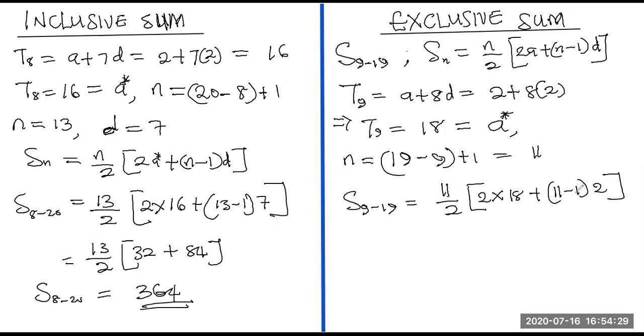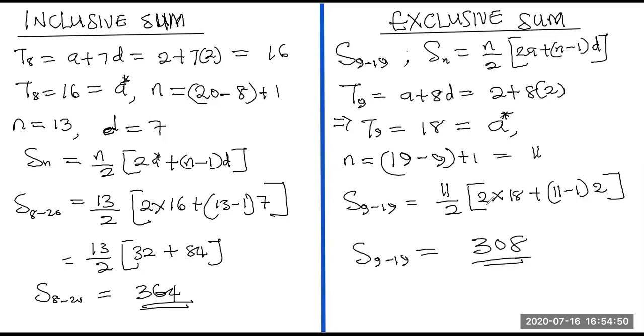So 11 minus 1 is 10 times 2, you have 20, and 2 times 18 is 36, plus 20, then you multiply by 11 over 2. When you simplify, sum 9 to 19 is going to give us 308. So this is the way it's been done.